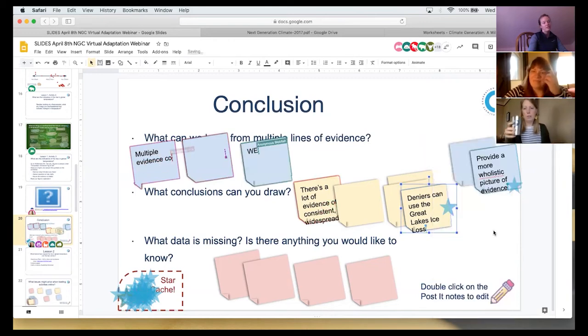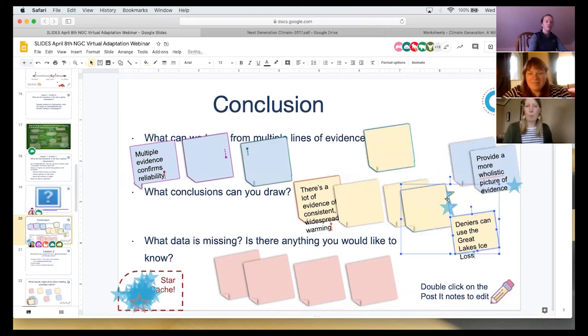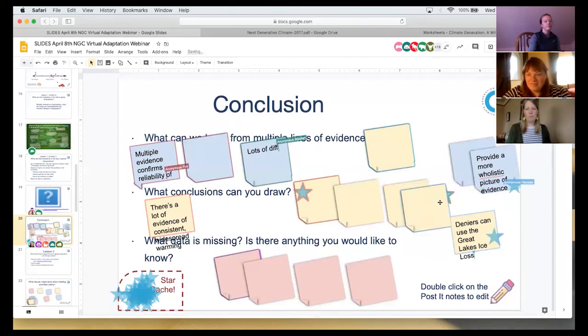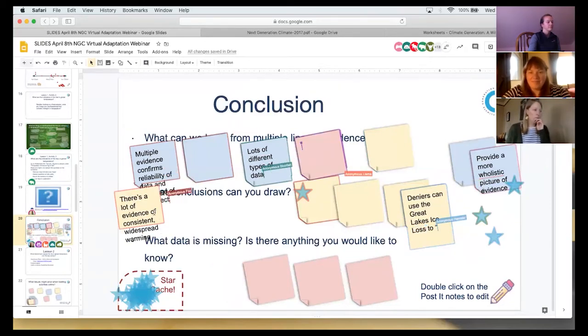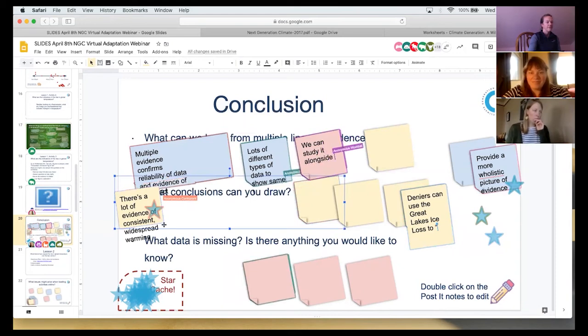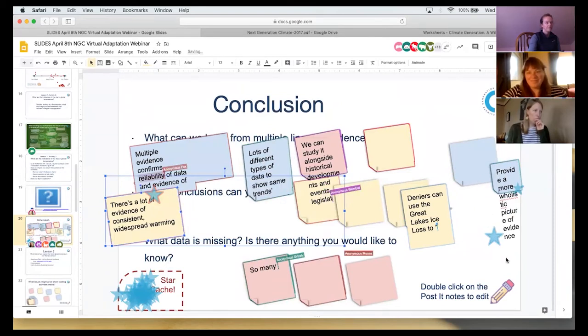And you should be able to group a star with a post-it note if you feel like it. So when we move those post-it notes, they can move together. And feel free to edit the size of the post-it notes if you are having trouble fitting all of your ideas on one. It's fine.